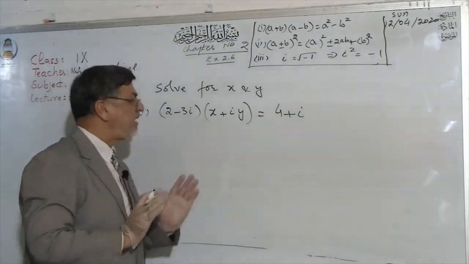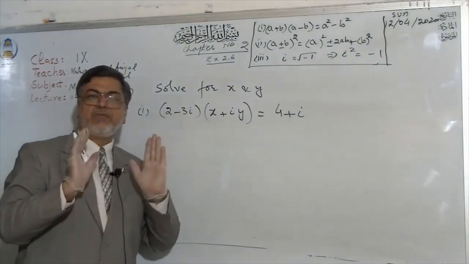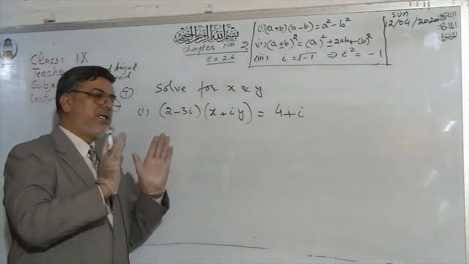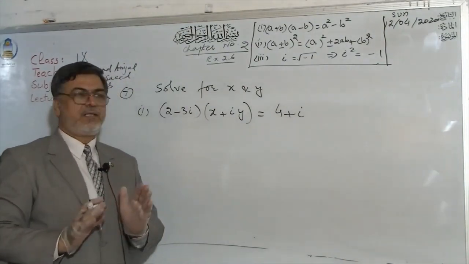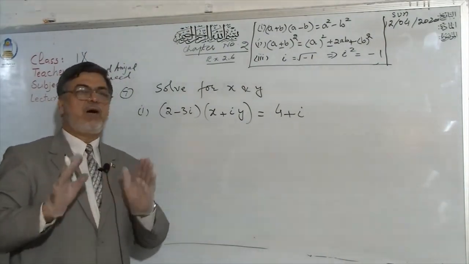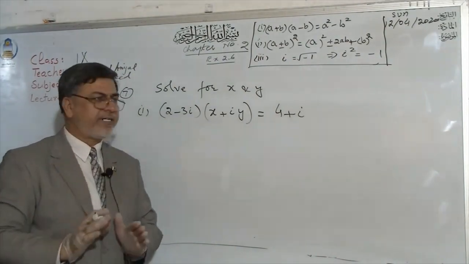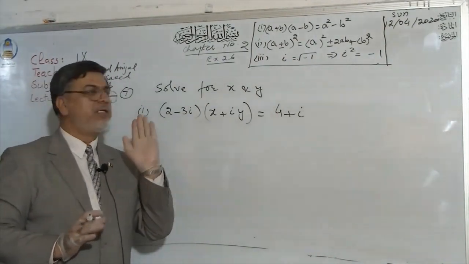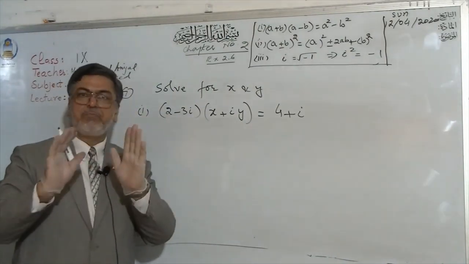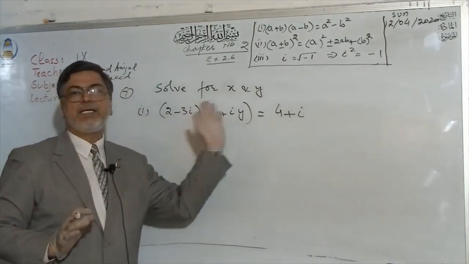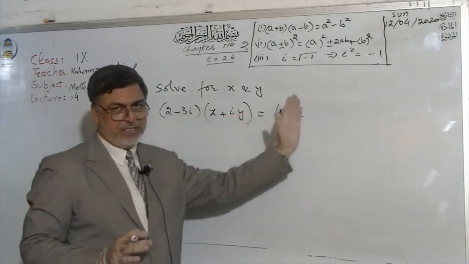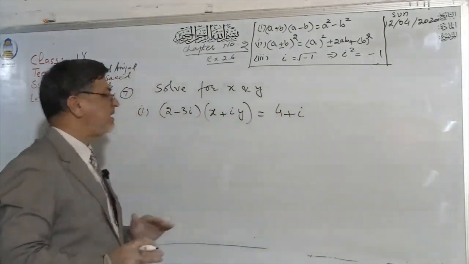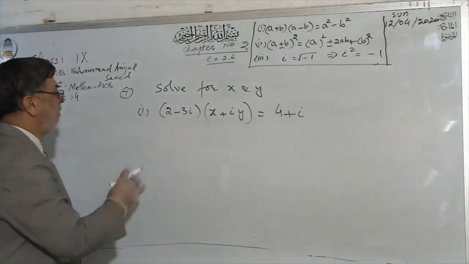I am repeating, in these questions, we write the complex numbers after multiplying, adding and subtracting. We will write the terms as a single complex number. Then we will compare: real is equal to real and imaginary is equal to imaginary. This is the rule which we are using now.